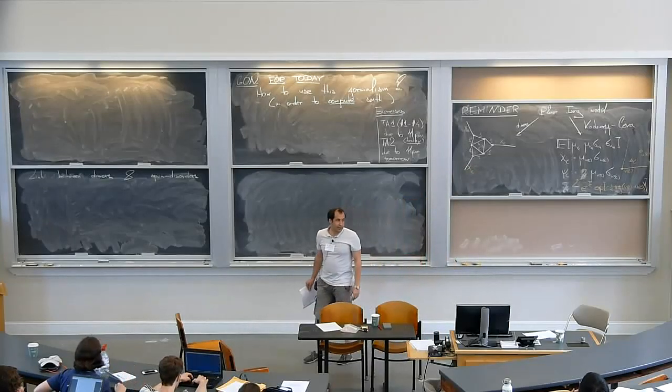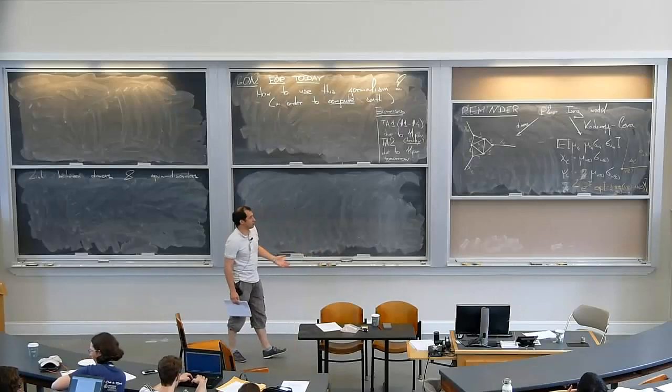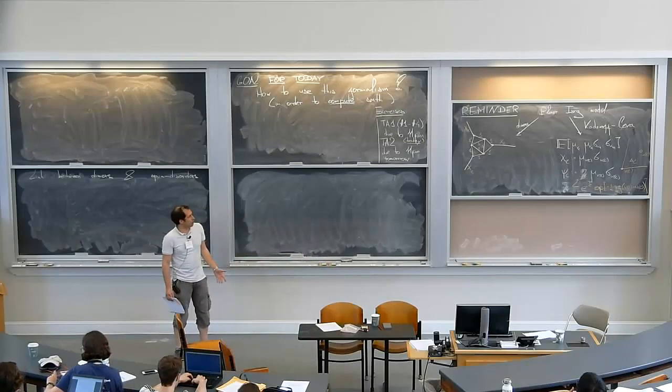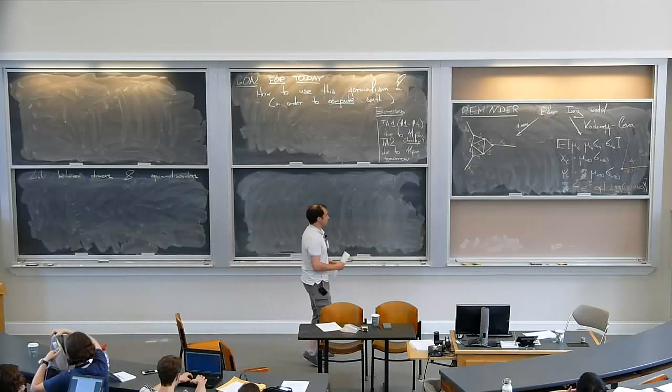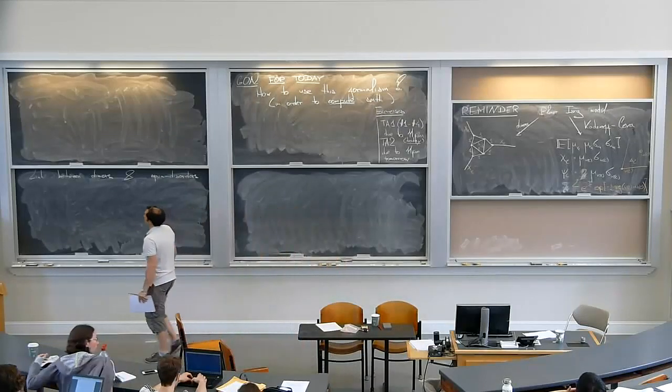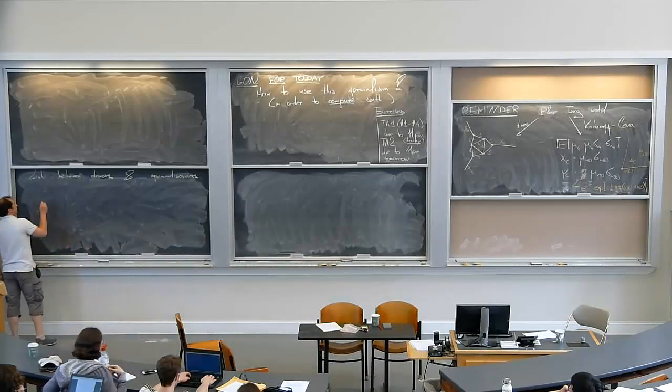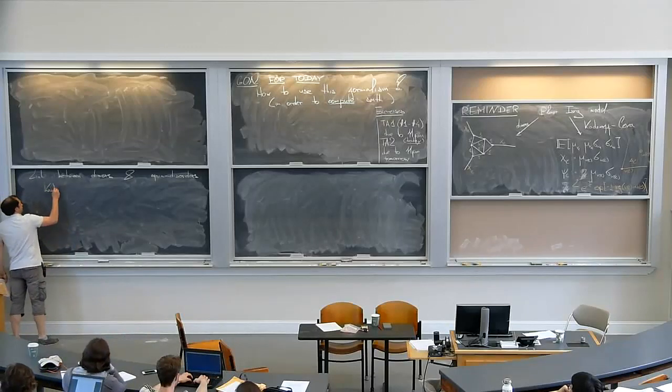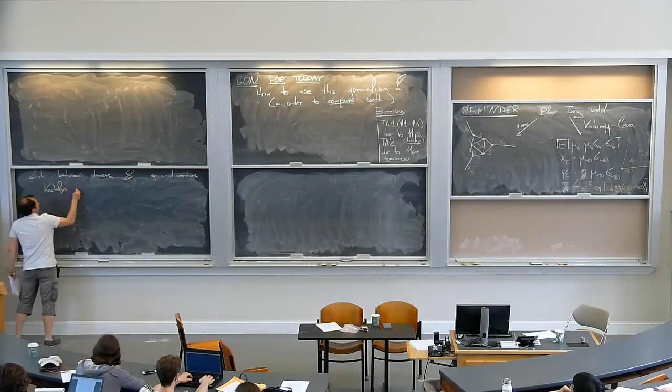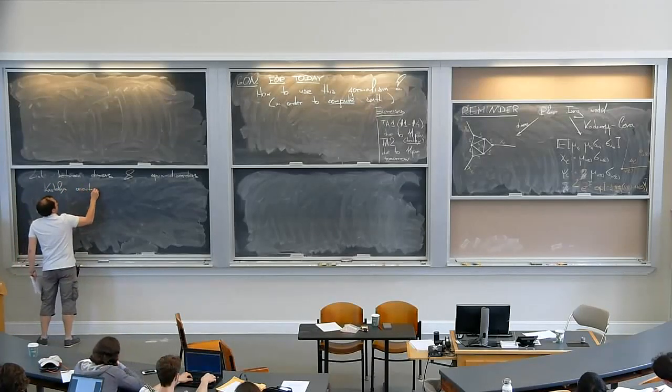I don't like to say canonical because there is no canonical one, but somehow can we construct a Kasteleyn orientation of such a graph? And here is an answer. So how to construct a Kasteleyn orientation of this graph?